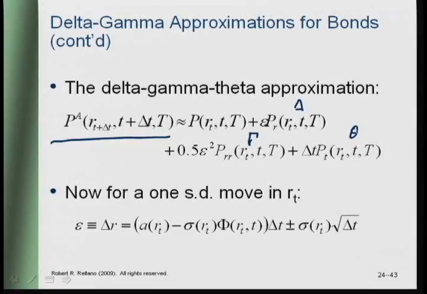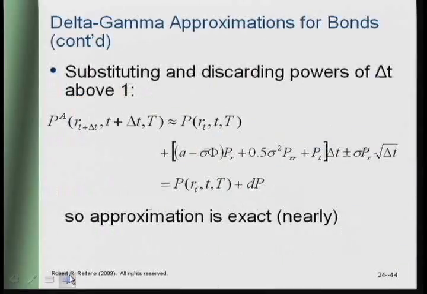Now let's say that interest rates move 1 standard deviation, which means we have a drift and plus or minus 1 standard deviation. And now we insert it, we do the algebra, and we disregard all powers of delta t higher than 1. This is common practice because in the limit they go to 0 quite fast.